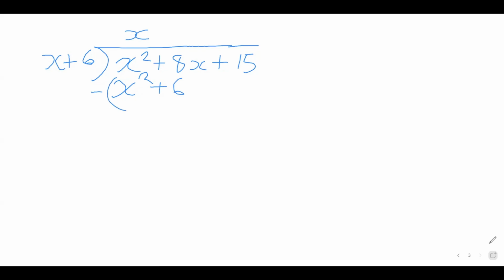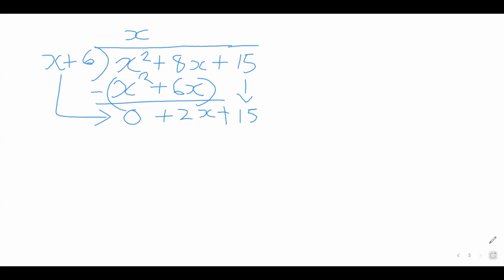And then we're going to subtract that. So we're going to have the 0 here. And then this will be plus 2x. We're just going to bring the 15 down. Then we're going to divide into here, okay?